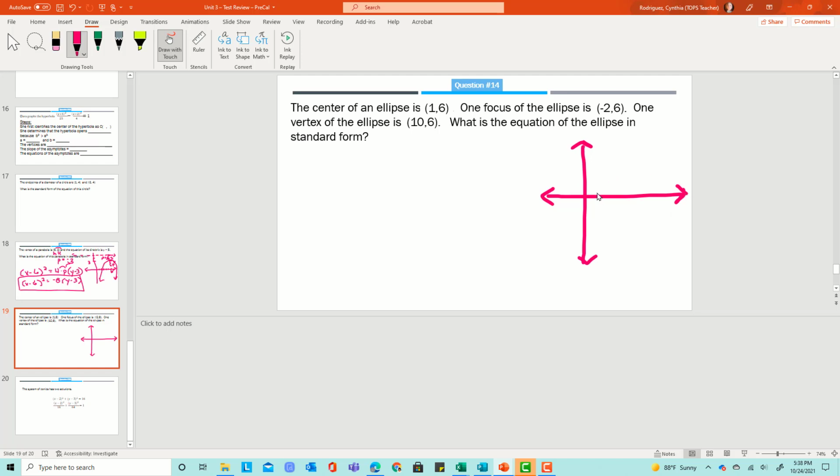Okay, so I have a center at 1, 6. We're up here. And we have a focus at -2, 6.